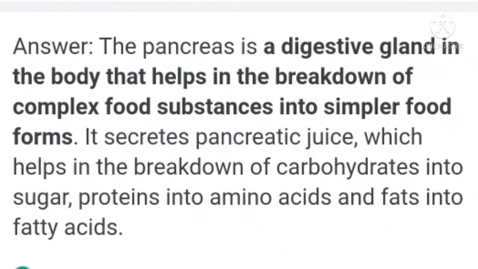The pancreatic juice helps in the digestion of carbohydrates and proteins, which are quite complex to digest, so it changes them into simpler forms. I hope it is clear to you. I am again repeating that the pancreas secretes pancreatic juice which acts on the carbohydrates and proteins to change them into simpler food forms.